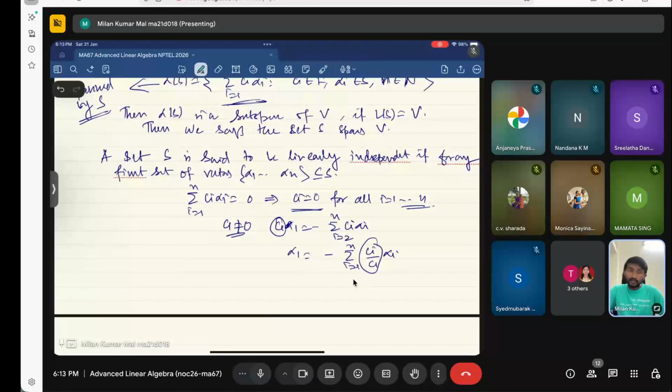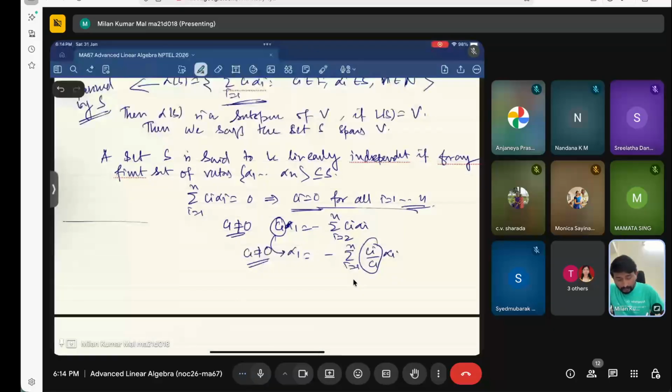I can write this because C1 is not equal to 0. That means alpha 1 can be written in terms of alpha 2, alpha 3, up to alpha n. That is what is called linear dependence. Linearly independent means no term can be written in terms of the other terms. And linearly dependent means that it is not linearly independent.